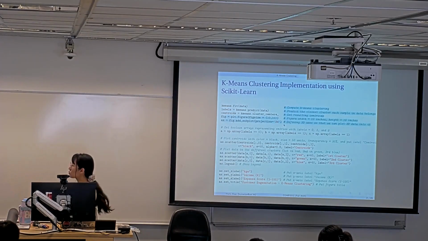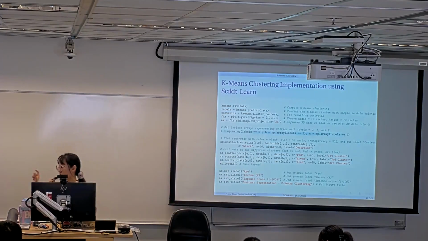Note that here we need a 3D axis because the data are in 3D space, with 3 features. After that, we get Boolean arrays representing the 3 clusters. A is numpy.array(labels == 0), so we select all the data whose label is 0, B is label 1, and C is label 2, the 3 clusters.